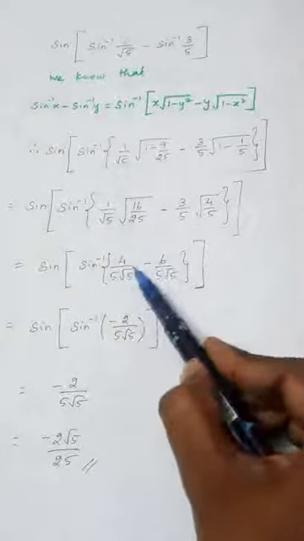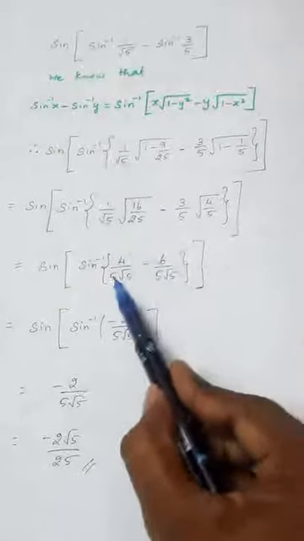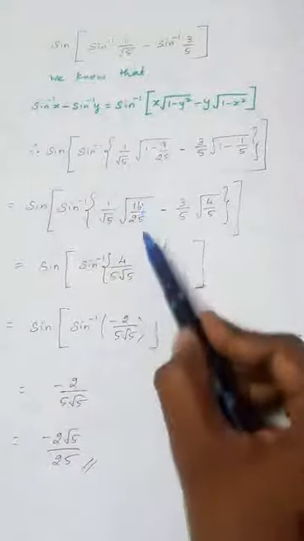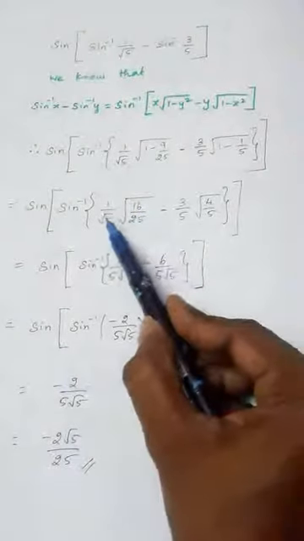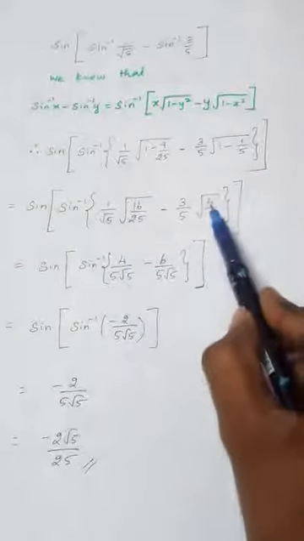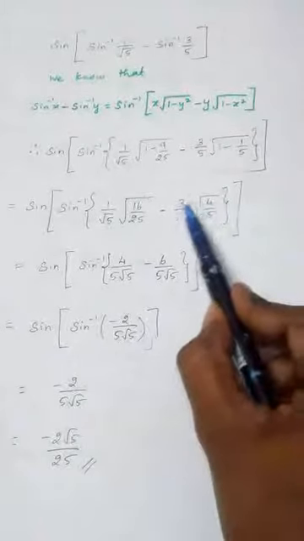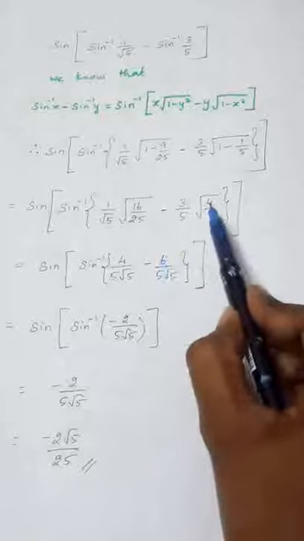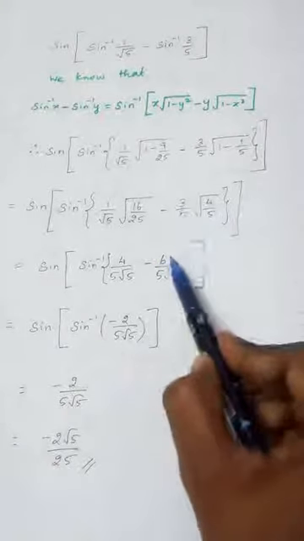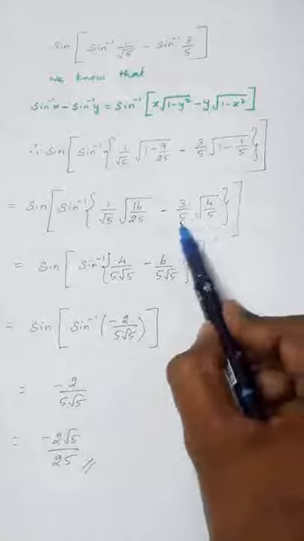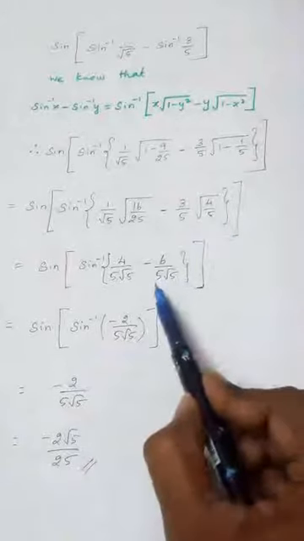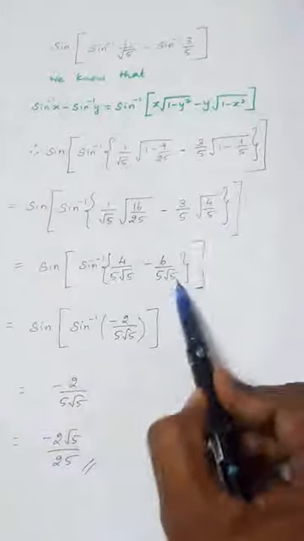So 4 by 5 root 5, so 5 into root 5, minus, this is 2 because root 4 is 2. 2 into 3, 6. Try to understand: root 4 is 2, 2 into 3 is 6, by 5. This cannot be taken outside the root. So 5 root 5.